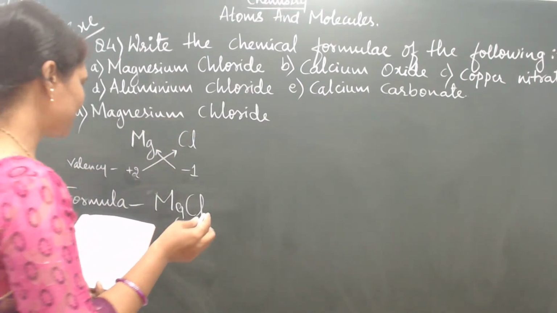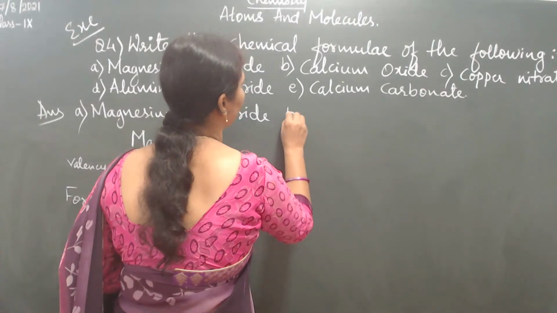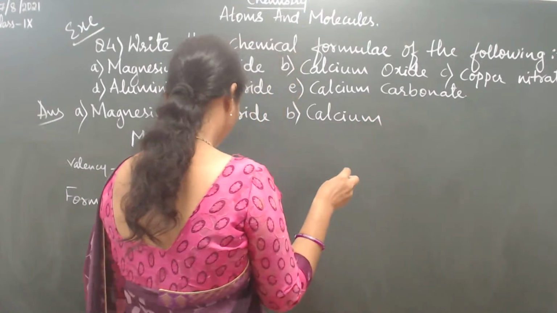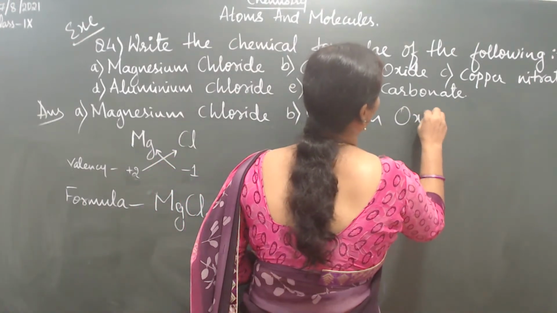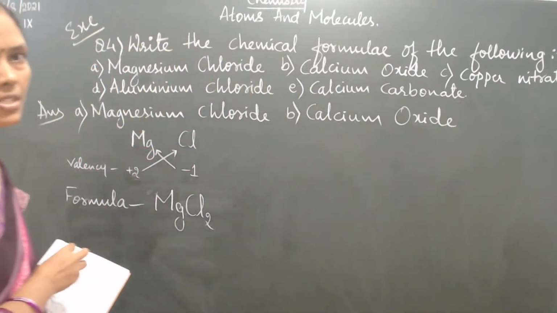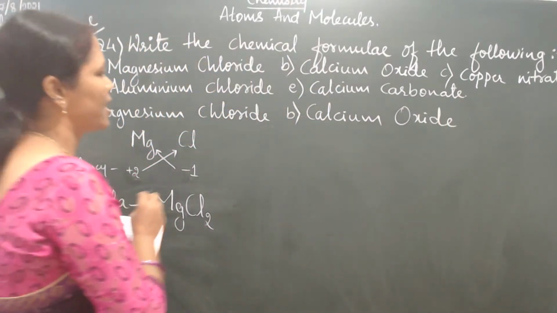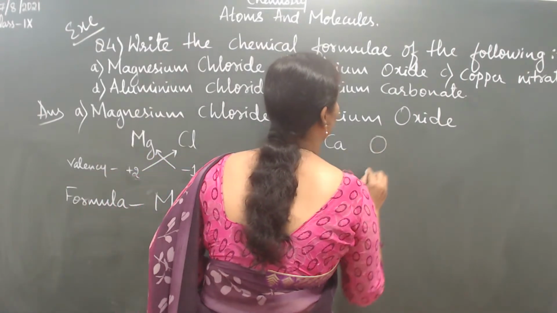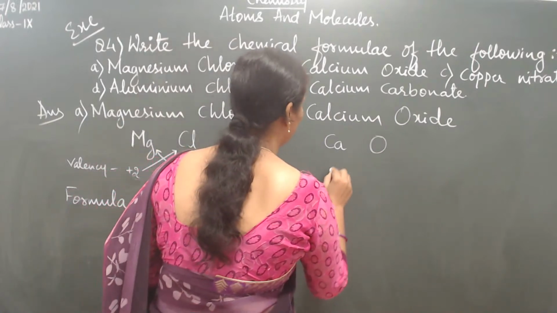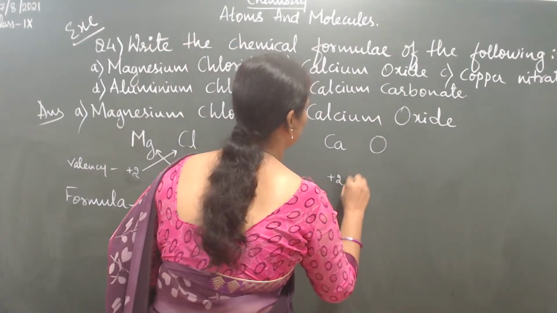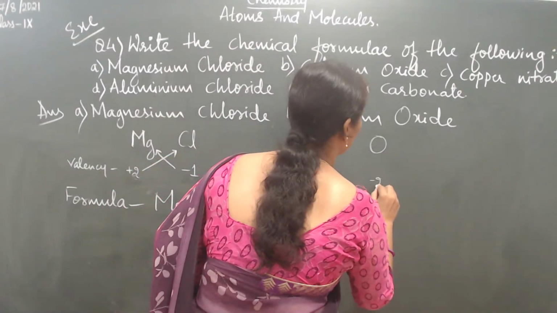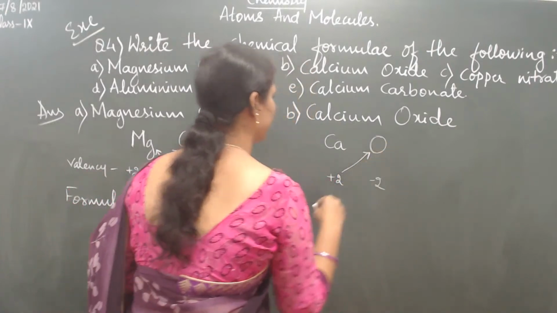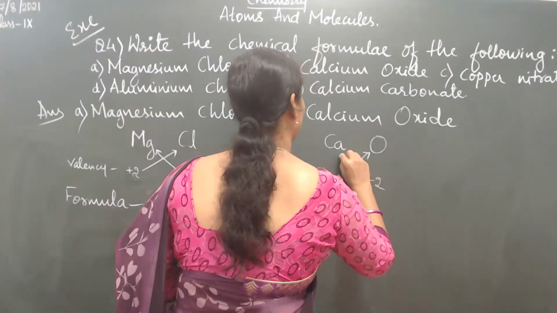Okay, then go to the next one, that is calcium oxide. What is the symbolic representation for the calcium? Ca. Okay, and here the charge for the calcium is +2 and for the oxygen, that is -2.